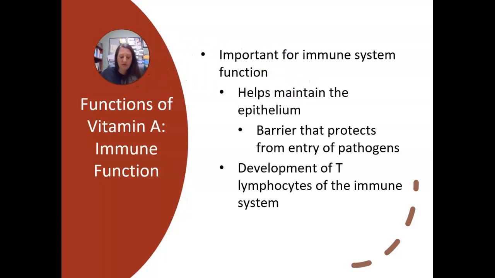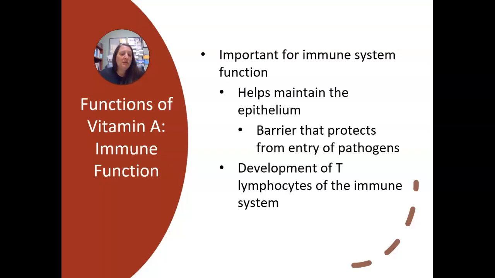Okay, immune function. Vitamin A has a lot of different jobs. So vitamin A is important for proper immune system function. It helps maintain the epithelium. So again, we mentioned this before, that it's really important for skin, not just skin kind of on the outside of us, but you can kind of think of the internal skin, the internal epithelium.